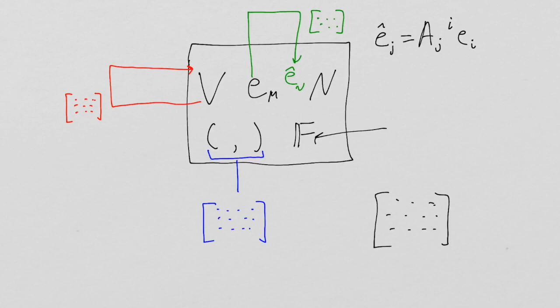So the hatted basis is related to the unhatted basis by these matrix elements, and he puts the row matrix in the lower position, the column matrix in the upper position, and the basis vector itself keeps a lower index. This is consistent with how it's usually done in the physics literature as well. But this matrix here is the basis transformation matrix A.